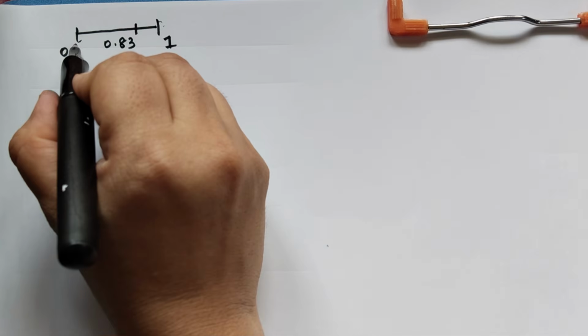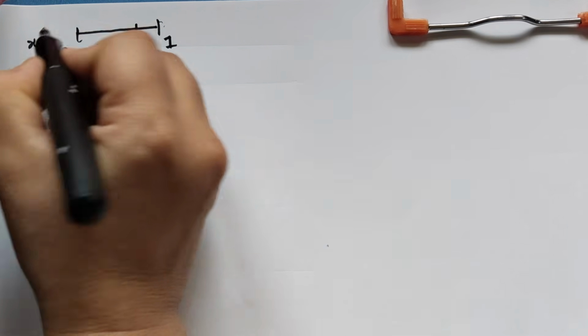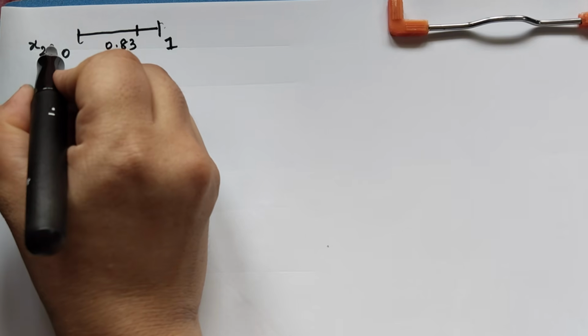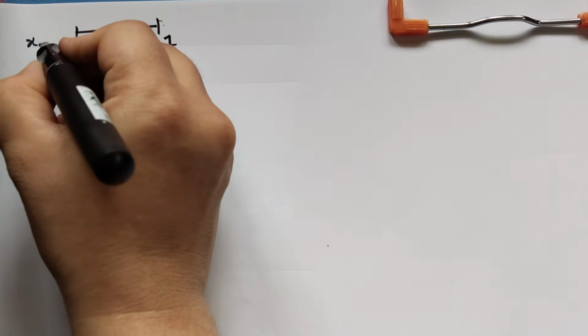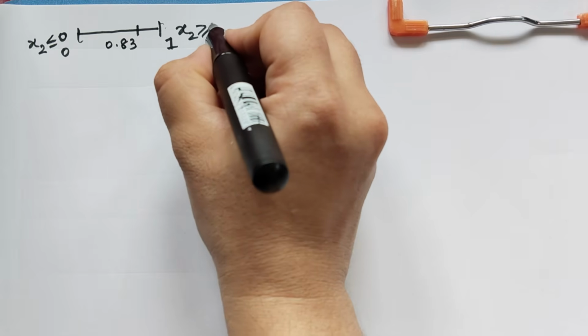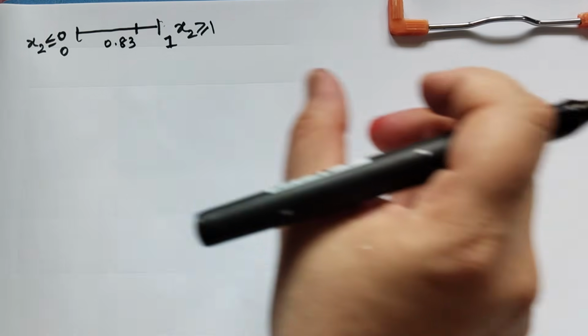So the values we have to take, now we are branching for x2, right? So the values for x2 will be lesser than or equal to 0, and here x2 greater than or equal to 1. Then this portion will be eliminated.